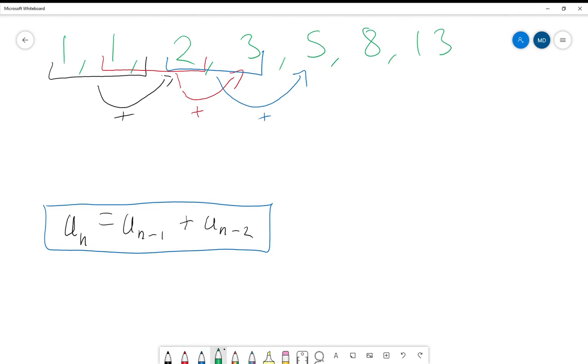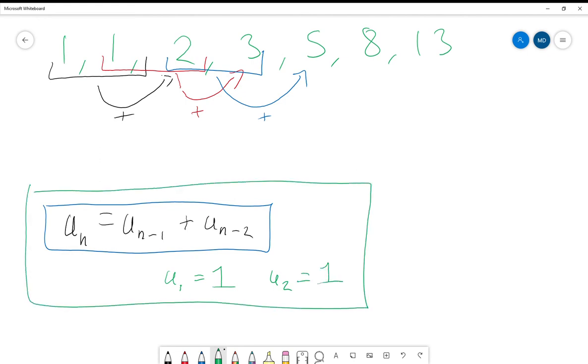So our starting point here would be that we need to deal with U1 equal to 1. But that's not quite enough information in this case. Because our nth term is dealing with 2 different terms, we actually need to start with both the 1 and the 1 before we can get to the next sequence. So because this is what's called a second order recurrence relation, we also need to include that U2 also equals 1. And that is our full information.